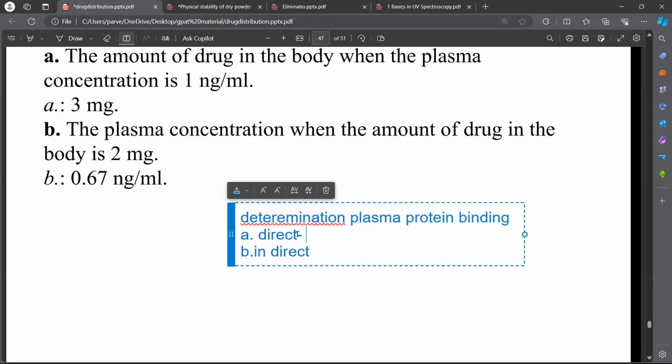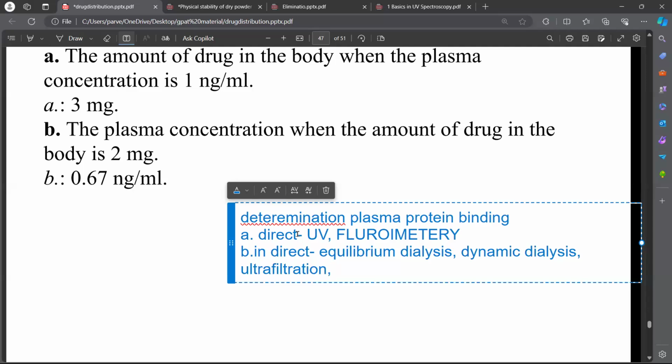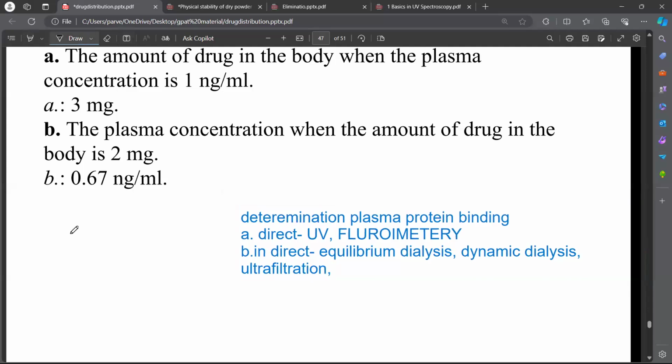The direct method includes the use of UV and fluorimetry, and the indirect method uses different methods like equilibrium dialysis, dynamic dialysis, ultrafiltration, gel filtration, etc. As the lipophilicity of the drug increases, the extent of binding also increases.